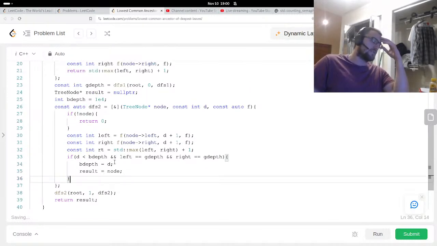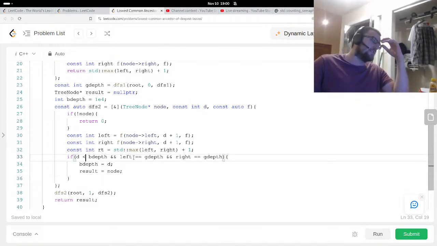It's something like this. Yeah. Because the left side and the right side, their maximum depths are as deep as possible.